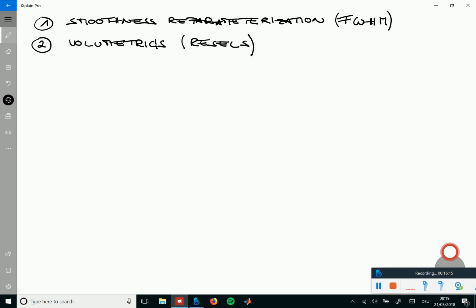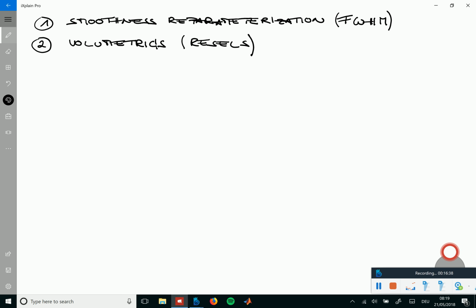You have the FWHM, that's the full width, half maximum. Okay, so we have now confirmed that in the SPM table the terms full width, half maximum, and resels are there. Good. So it all makes sense what I'm talking about.